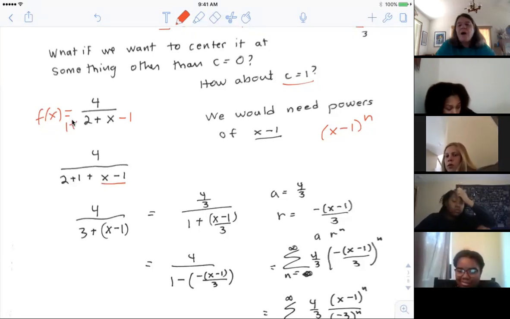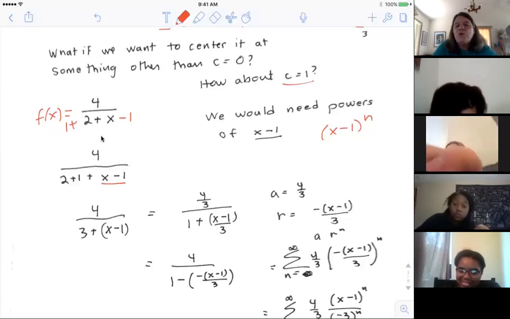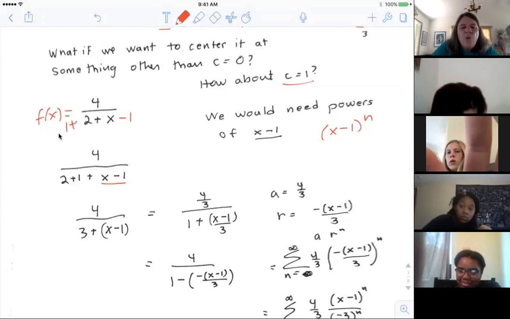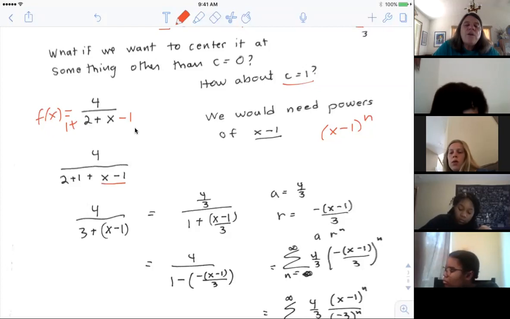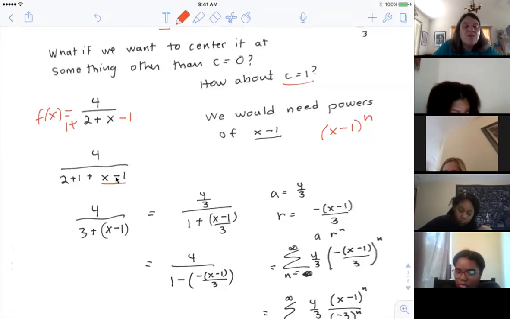You got to balance the bottom. You make it ultimately the same, but you're putting it in a different form. So what we've got now is 4 over 3 plus x minus 1. Now, guys, if I wanted it centered at 2, I would subtract a 2 and add a 2. If I wanted it centered at minus 1, I'd put a plus 1 and subtract a 1. I just make what I need right there and balance it with the other stuff down here.